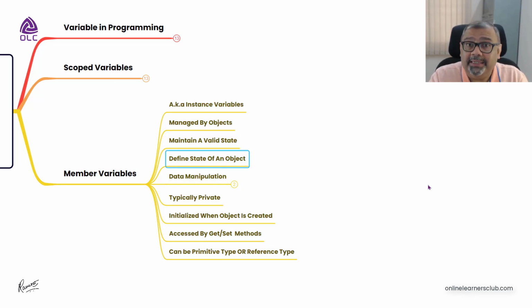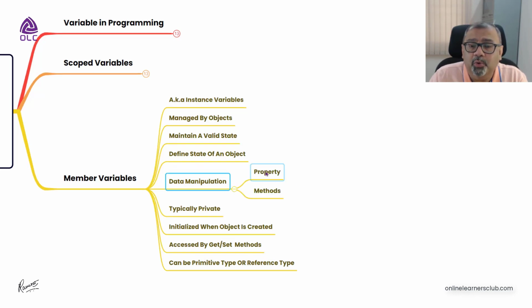That is what we represent as state. The state of an object is nothing but the value that is contained in the variables at a given instant. So that's the basic concept. How do you manipulate the value inside a variable? We can use properties or methods.